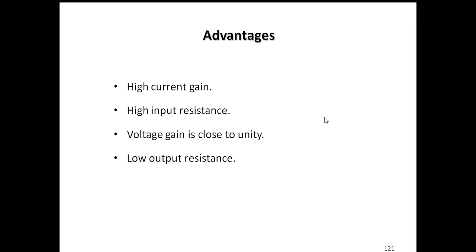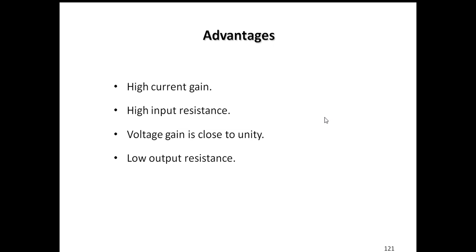So the overall current gain and the overall input impedance of the Darlington pair are very high. Voltage gain is close to unity, somewhat reduced. Output resistance is low, as we know for common collector. These are the very important characteristics of the Darlington pair, and also these are called advantages of the common collector or Darlington pair.